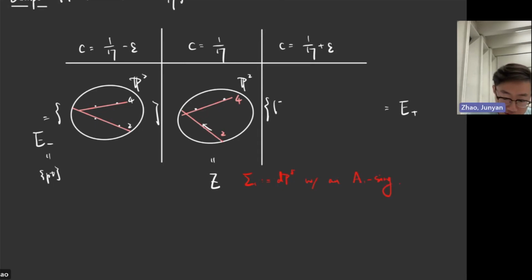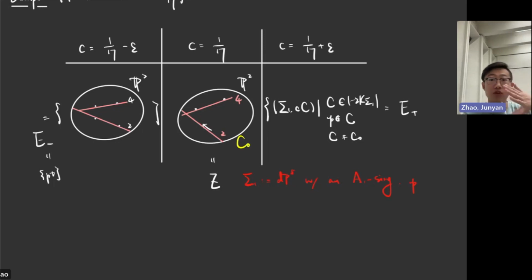The pair will be (sigma 1, c times capital C), where this capital C is in the double anticanonical, and let's call this A1 singularity P. We require this P is not in C, and also C is not equal to C naught. What is C naught? This is our C naught, given by this 4-2 line arrangement. This is the E plus.